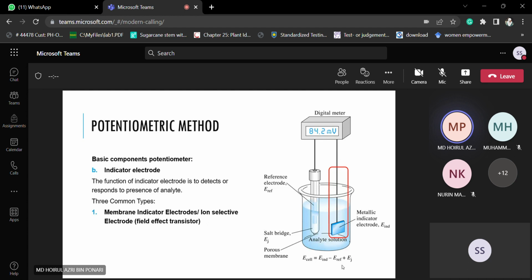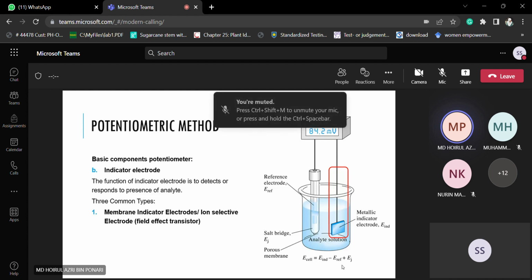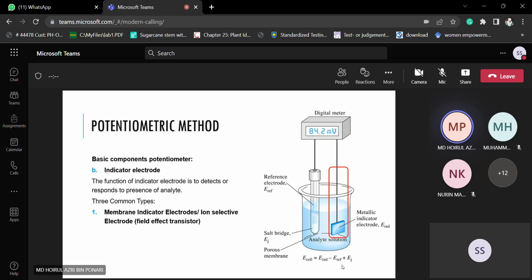Okay, the three common types: we have the membrane indicator electrode or ion selective electrode, we have the metal indicator electrode, and we have first-kind metal indicator electrodes. Okay, but in our class we will focus on ion selective electrodes. Okay, because these are the common ones, usually used in pH meters, EC meters, or element meters.